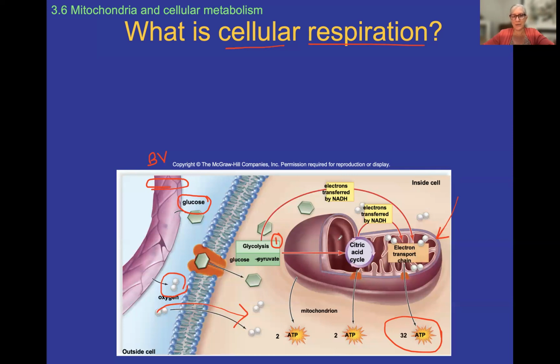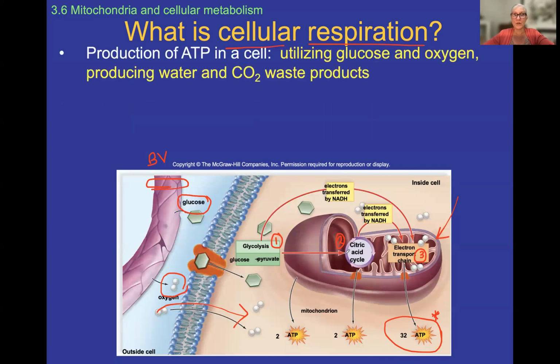So glycolysis happens first, then goes on to the citric acid cycle in the mitochondria. And the third thing is the electron transport chain. Simply recognize them as the steps involved in producing lots of ATP in the cell. If oxygen is not available, we can't complete this process, and that is what we call anaerobic respiration.